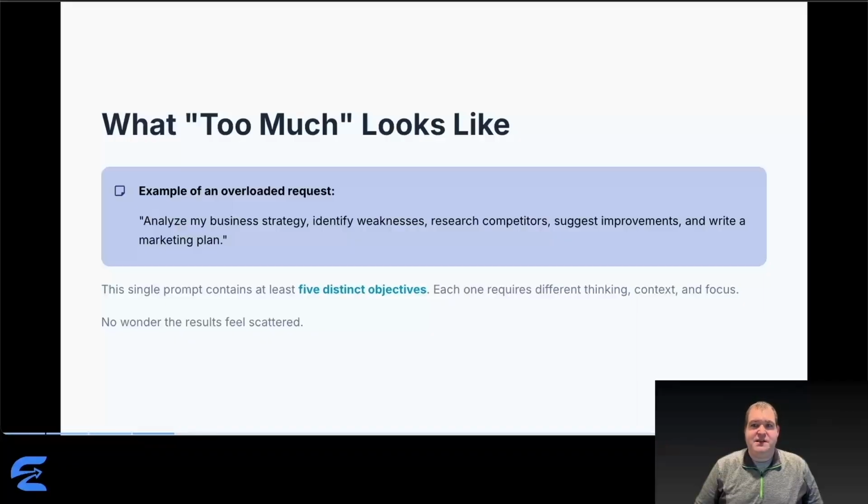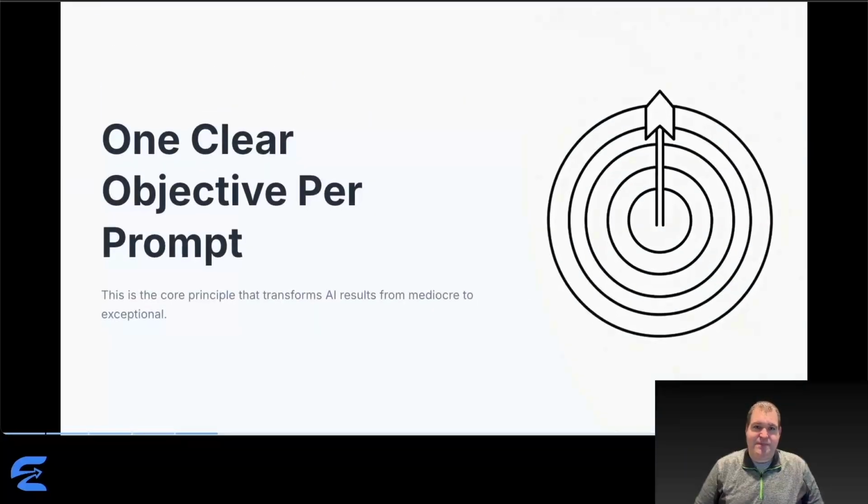Strategic analysis requires different patterns than competitive research. Research requires different patterns than recommendations. Recommendations require different patterns than writing. When you ask for all of this at once, AI has to make constant trade-offs about where to focus. The result? Everything gets watered down. You get shallow analysis, generic recommendations, and surface level writing.